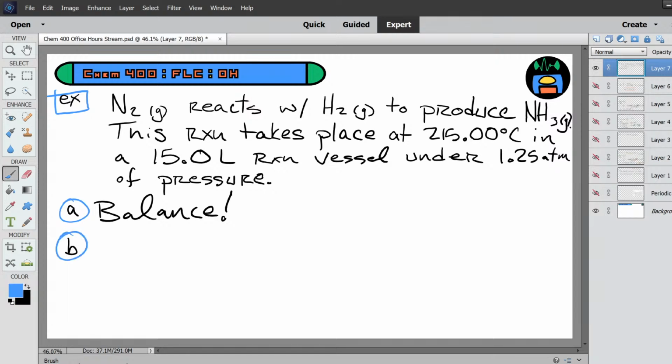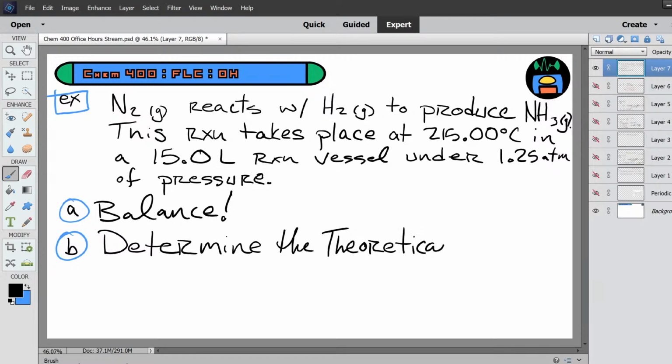Part B. Determine the theoretical yield in grams of ammonia gas.